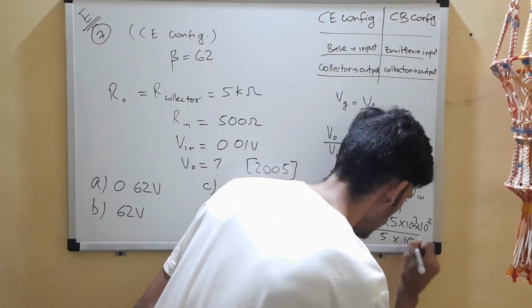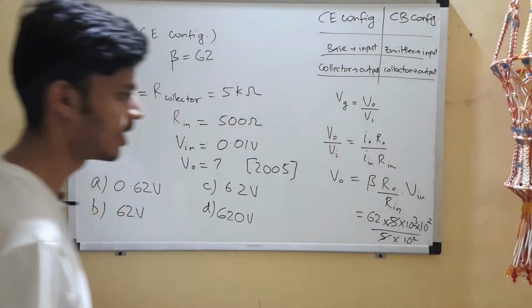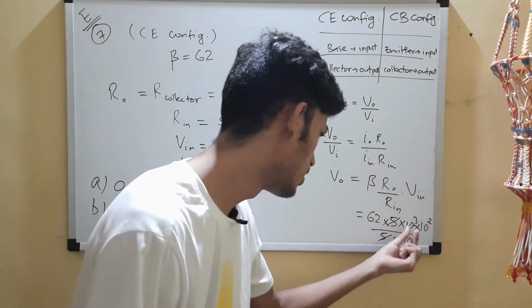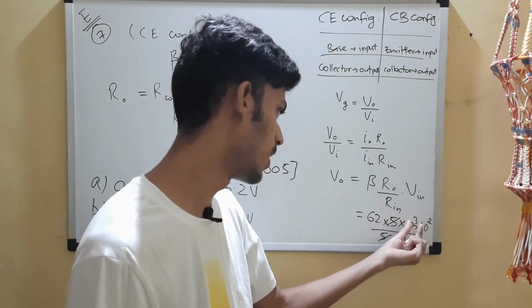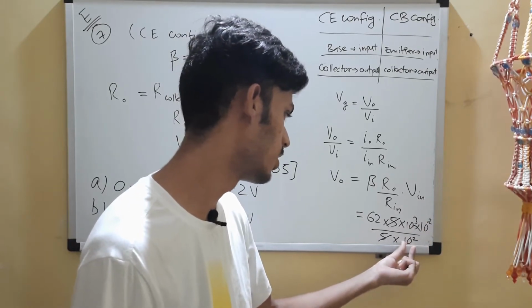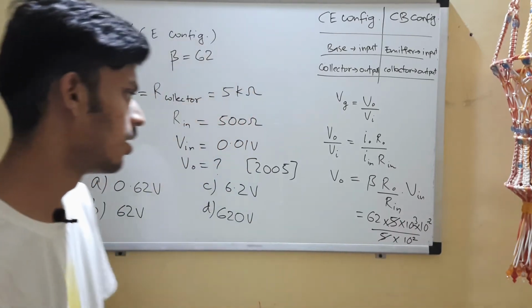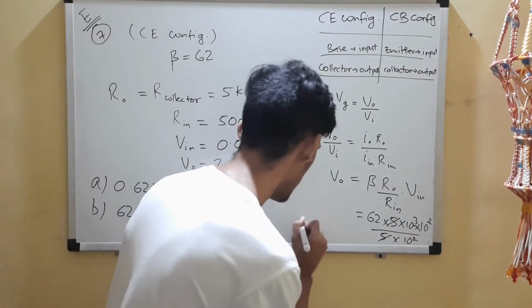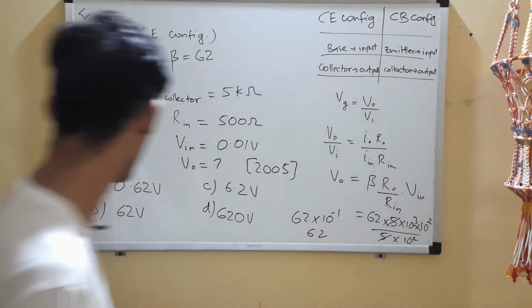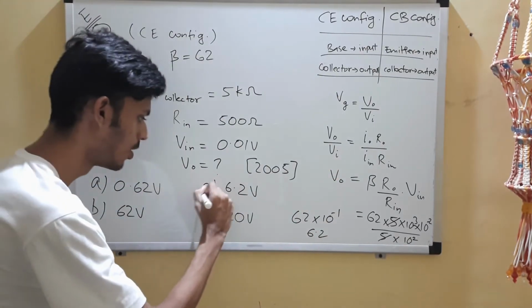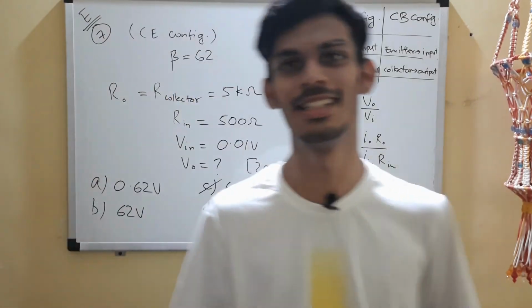Okay, so 5 into 10 to the power 2, this and this will get cancelled, and here we'll have 6, 10 plus 1, and here minus 2, plus 1 minus 2, that will be minus 1. So 62 into 10 to the power minus 1, that will be 6.2. So 6.2 volts. Okay, so option C, 6.2 volts is the correct answer.